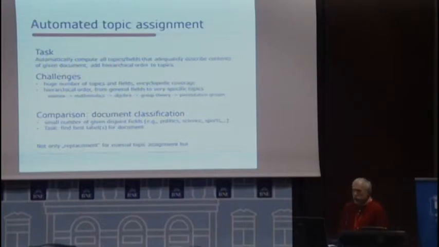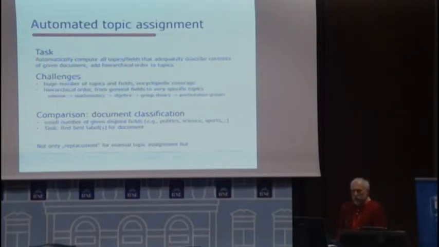And the challenge, of course, is that there's really a huge number of possible topics and fields with encyclopedic coverage, and we also really need a hierarchical order to get useful results, as exemplified here by the chain from science to mathematics to algebra to group theory to permutation groups. Chains of this kind are quite typical in all this subject classification stuff.